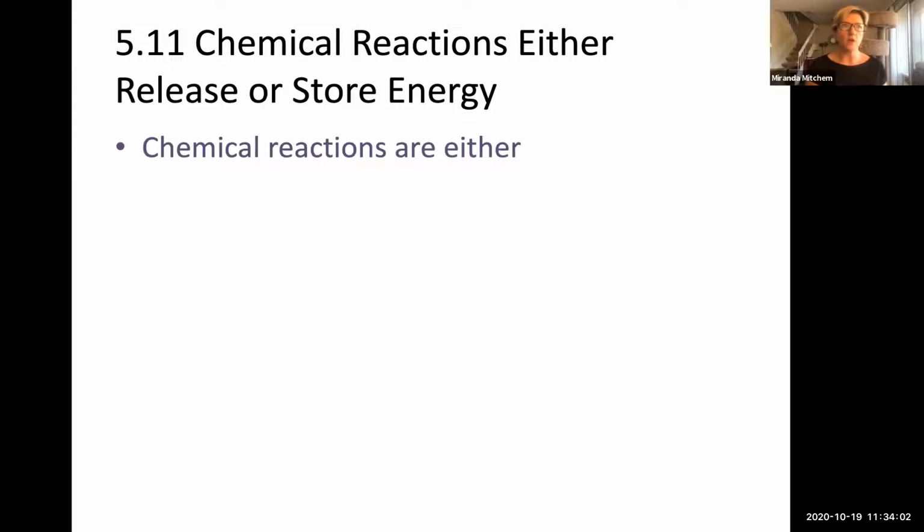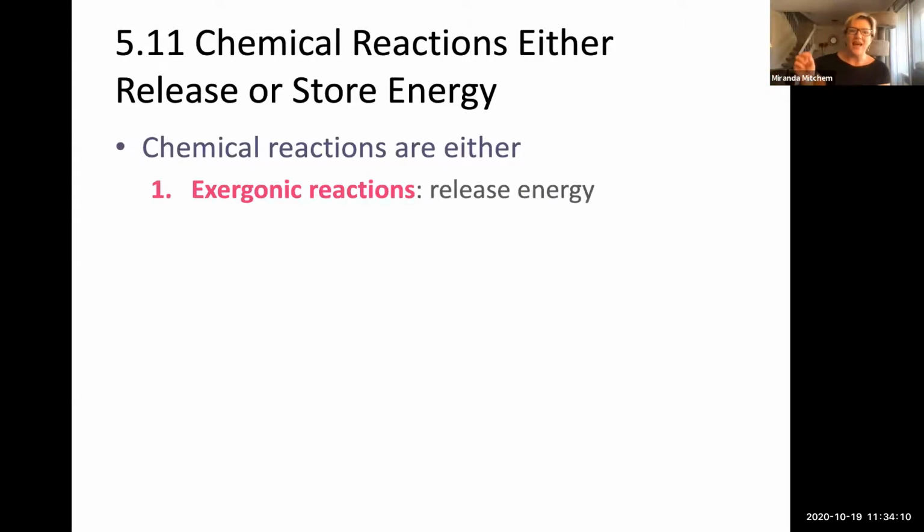Now, some chemical reactions either produce energy or need energy. And this gets to the exergonic and endergonic reactions. Those were probably new words for you, at least in Module 8.